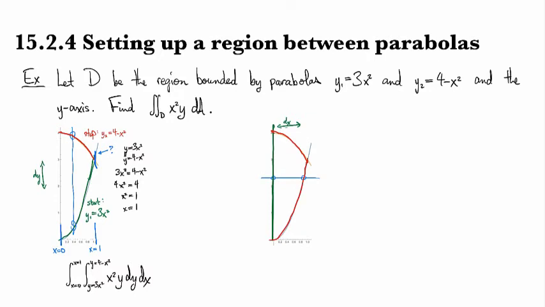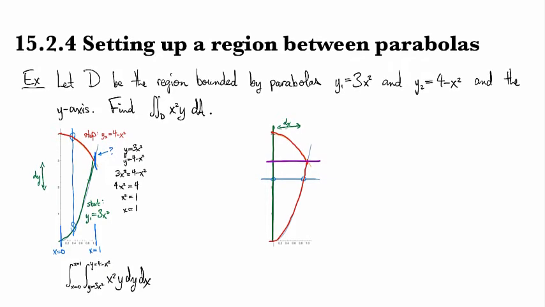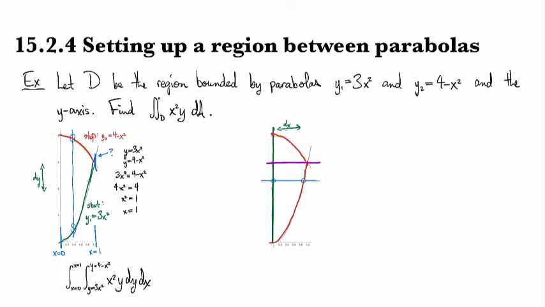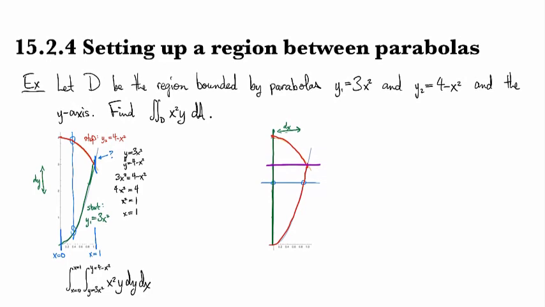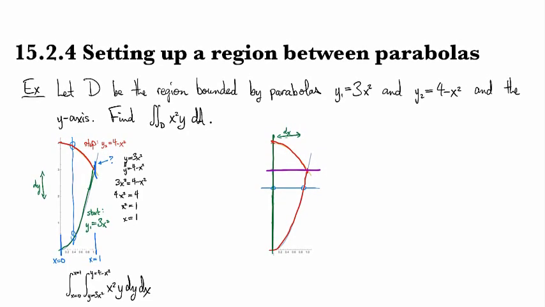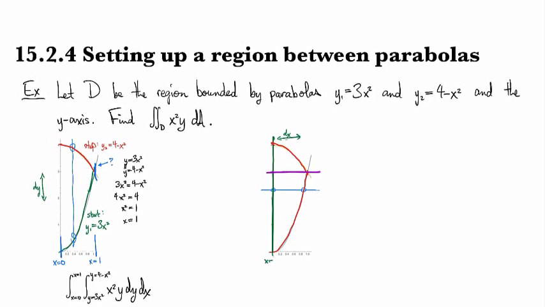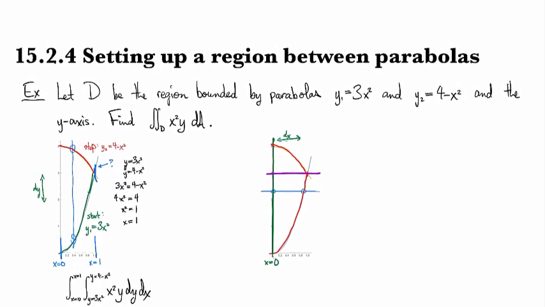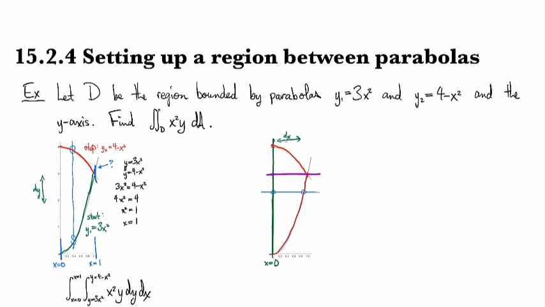Our ending curve doesn't have a nice unique formula. Instead, we're going to have to split it right here, and we will have two ending curves. For our beginning curve, that one at least is not so bad. That happens where x is equal to 0. But for this ending curve right here, since we're going horizontally, we're looking at an x value.